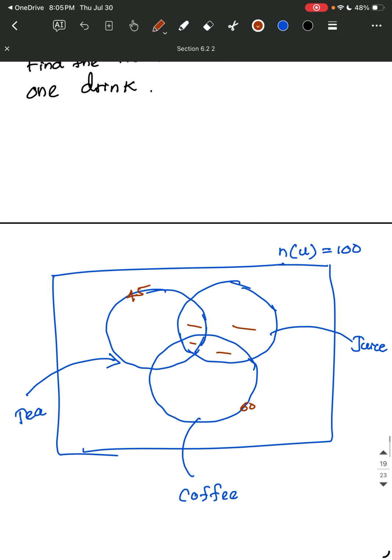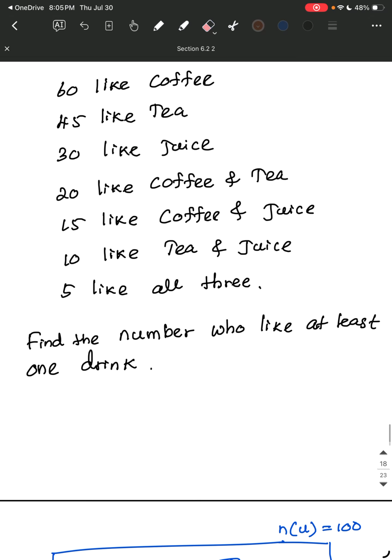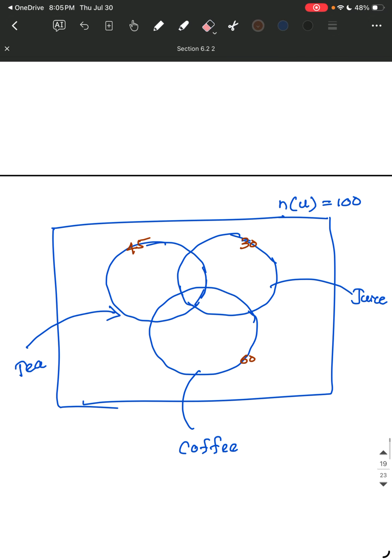Okay, then let's go for the unions. 20 like coffee and tea. So coffee and tea, which is represented by this entire region, means the sum of this space and this small space equals 20.